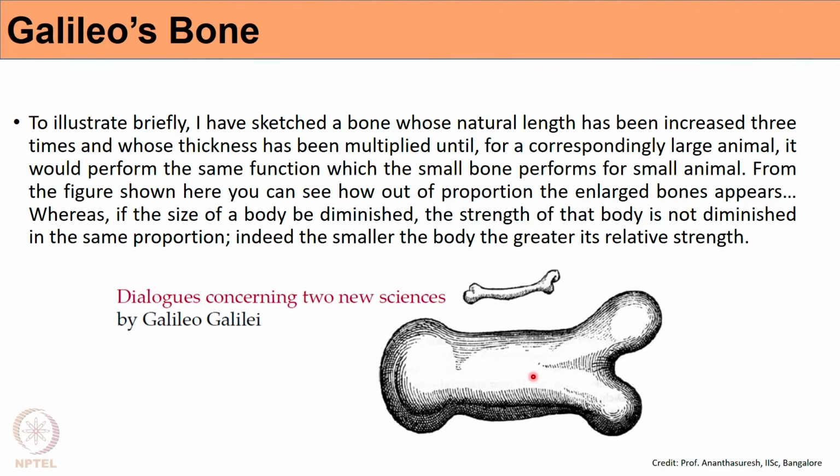Now the point is, is the small bone really weak as it looks compared to the larger bone? In fact it is not, because many a times we have seen that the smaller body even has greater relative strength. Now what we are missing here is that just reducing the dimension by 3 times or 4 times does not mean that all the properties will also reduce by 3 or 4 times. So for that we need to understand how the scaling works.